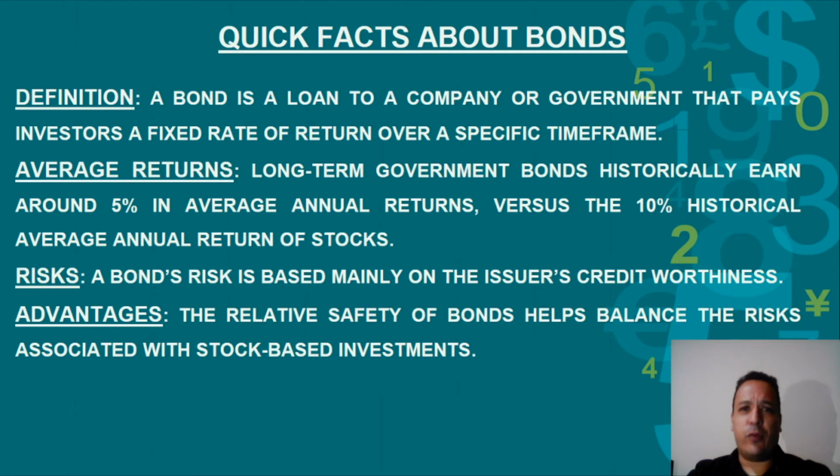An example is American government bonds. Risks: a bond's risk is based mainly on the issuer's creditworthiness. That is, the better the finances of a company, the more secure the operation will be. Advantages: the relative safety of bonds helps balance the risks associated with stock-based investments.